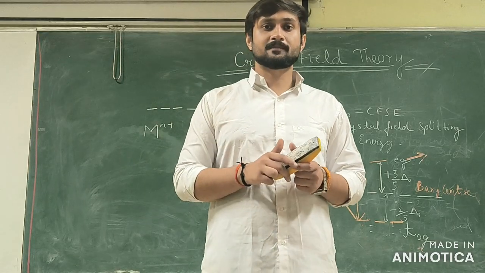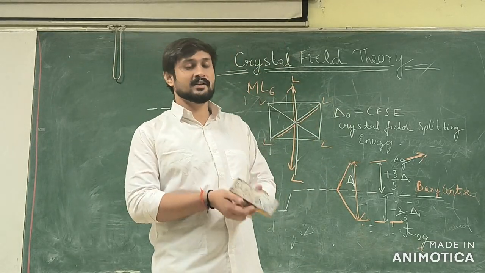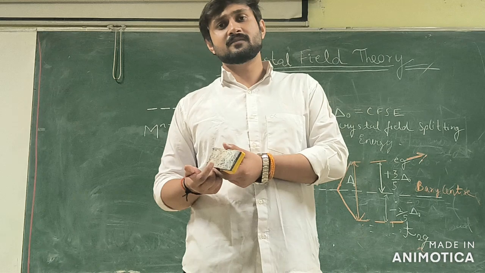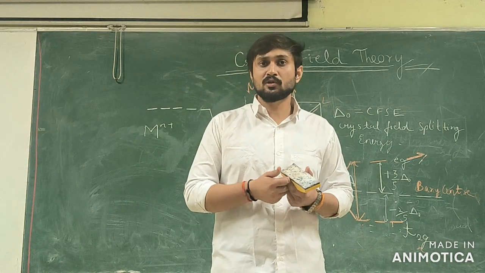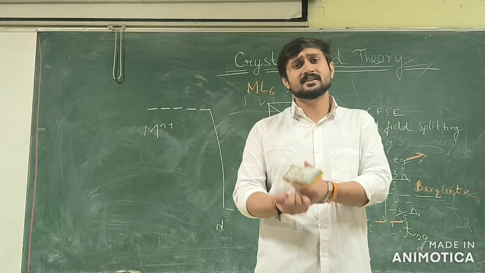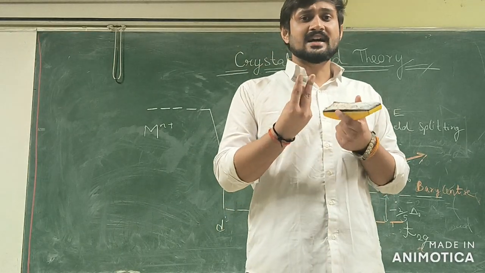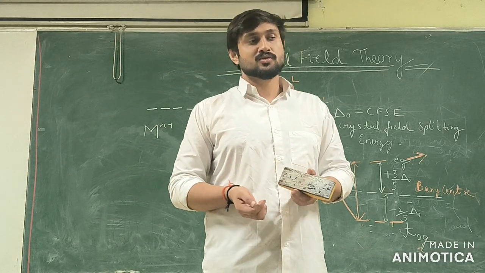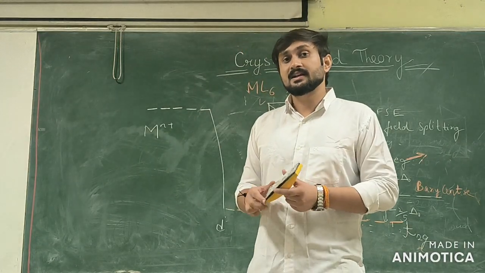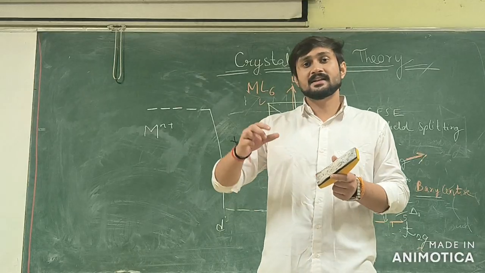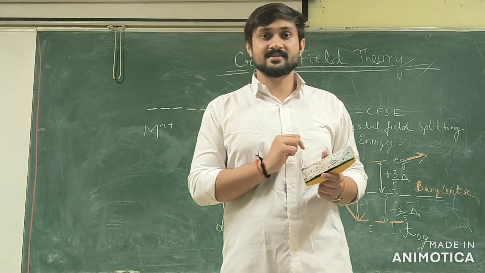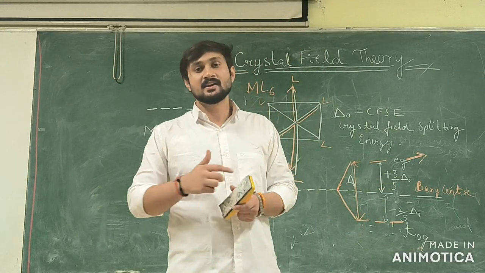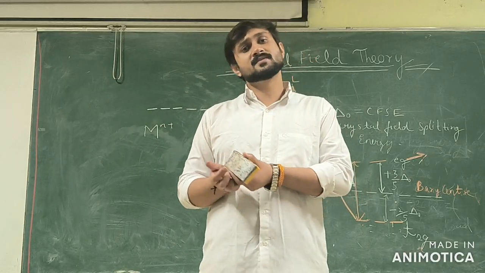Second, the repulsive forces between the electron clouds of ligands, which will destabilize the complex. And the third is the repulsion between the metal electron cloud and the ligand electron cloud, which will further destabilize. Now orbitals are of two types, axial orbitals and non-axial orbitals. In octahedral geometry, the ligand approaches along the axis. So the axial orbitals will feel greater repulsion and hence get destabilized, and the non-axial orbitals will get stabilized.